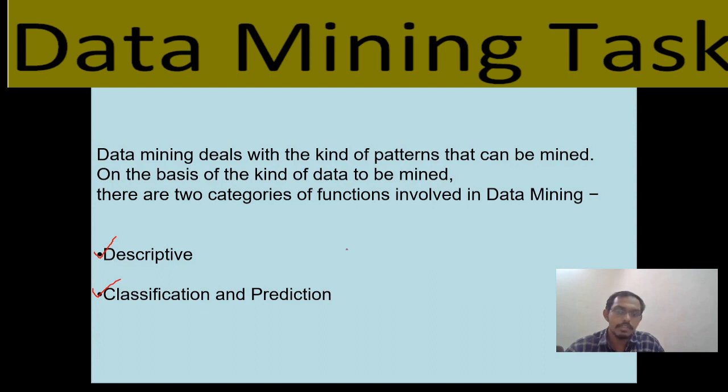For classification and prediction purposes, we are trying to find out the pattern of the data set. Whenever a large data set comes, we have to analyze it, and after the analysis we can get some pattern from this particular data set. From this pattern, we classify the data.